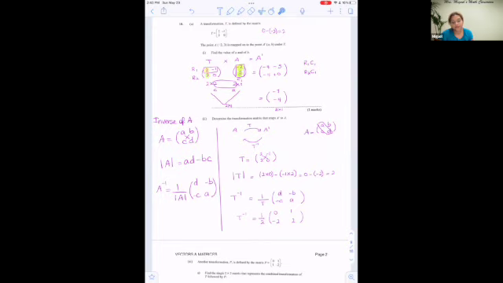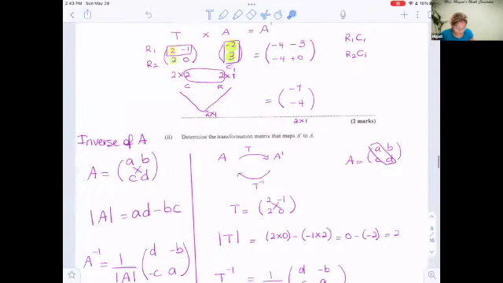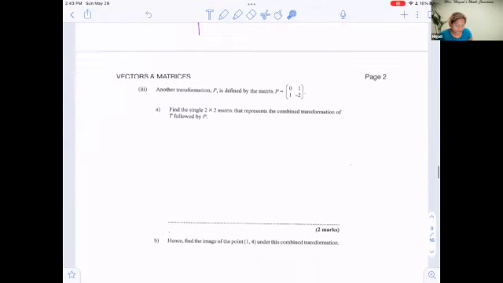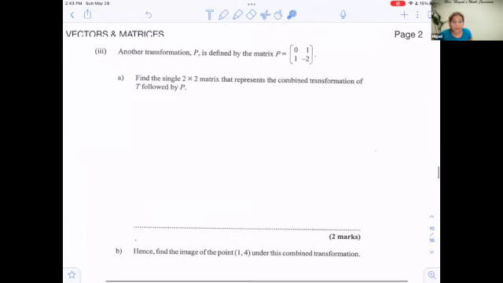All right, are you all finished writing? Yes, miss. Another transformation, P is defined as a matrix P 0, 1, 1 minus 2.